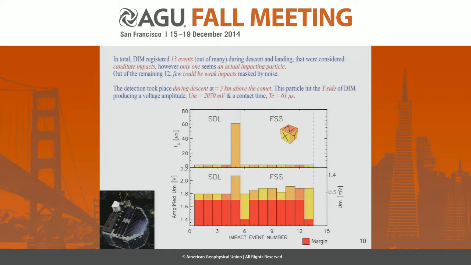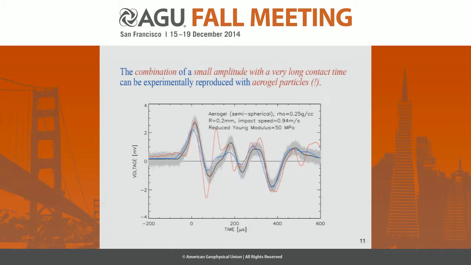An interesting thing here is that we have a very long contact time and a very small amplitude. So we tried to figure out what type of material that would be, considering that in our calibration experiments we didn't have such behavior. In the end we ran into aerogel particles, which you may remember as part of the dust traps in the Stardust mission.